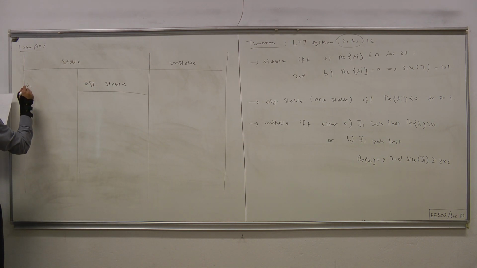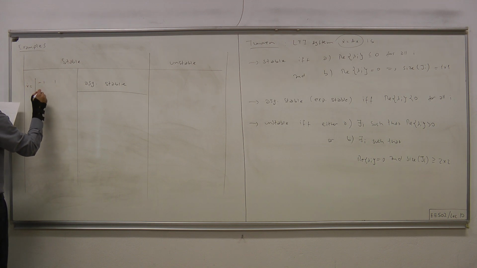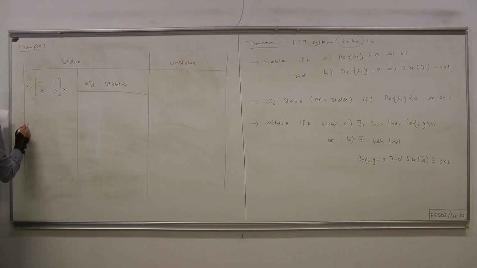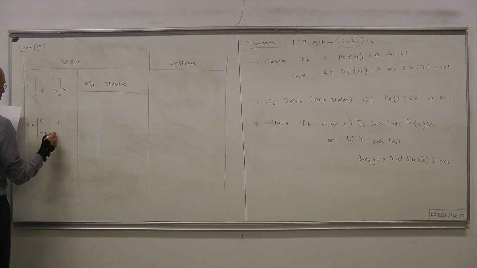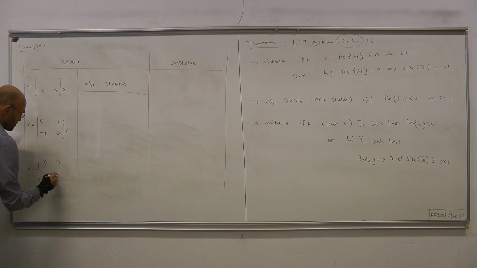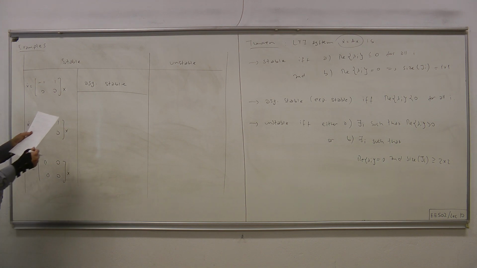So here are some systems. x dot equals [minus 1, 1; 0, 0] x. x dot equals [0, 1; minus 1, 0] x. Or x dot equals [0, 0; 0, 0] x.